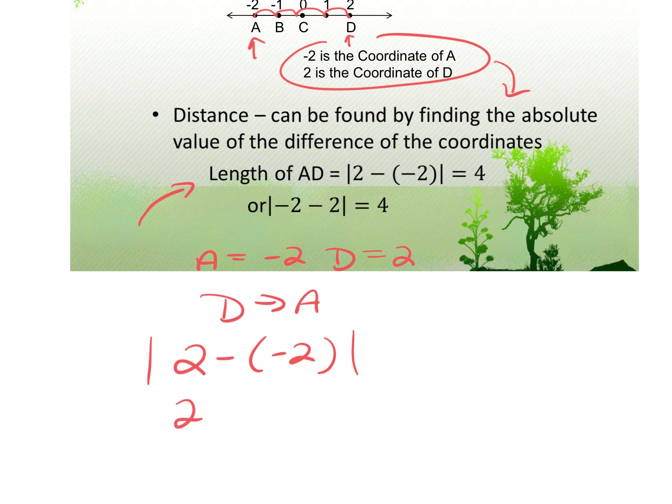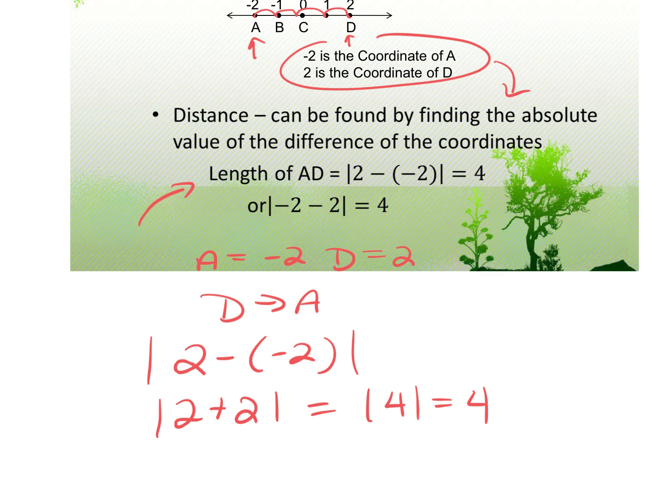Once you do this, you use your rules of integers that you learned in middle school, whether it was keep, change, flip, stay, change, change, whatever your middle school teacher taught you when you subtracted integers. This actually turns into 2 plus 2, which gives you 4. And then when you find the absolute value of +4, it's still +4.